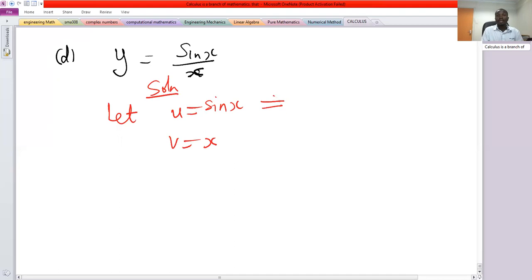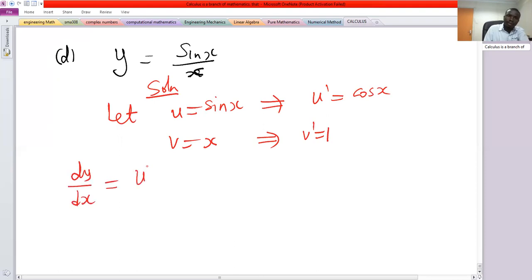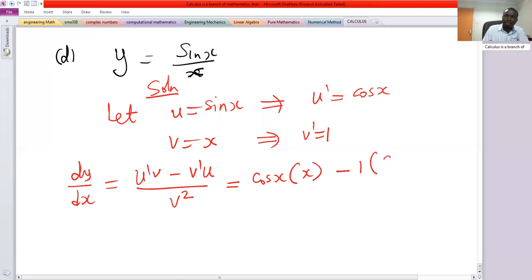So which tells us that u prime is cosine of x and v prime is 1. So dy dx is u prime v minus v prime u over v squared, which will be cos of x times v, which is x, minus v prime is 1 times u is sine x, divided by v squared, so x squared.